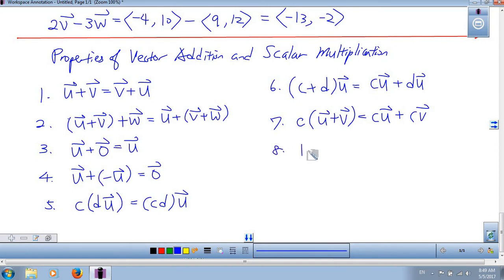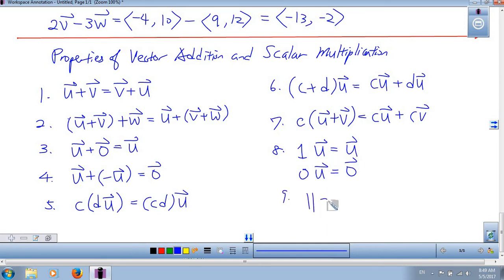Now the identity property: the number 1 times vector u is of course equal to itself, u. And if I do the number 0, notice it's not a 0 vector, 0 times vector u will be a 0 vector. The 0 vector and the 0 scalar are different.